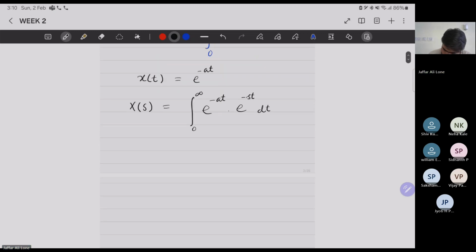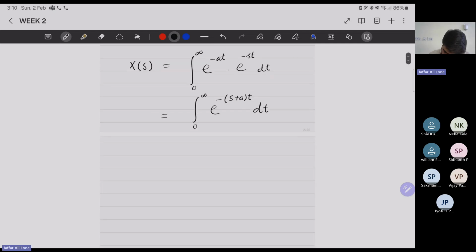Correct? Which can be solved as the integral from 0 to infinity of e raised to the power minus (s plus a) into t dt. It's a very simple integration. You all know the integration of e raised to the power x.